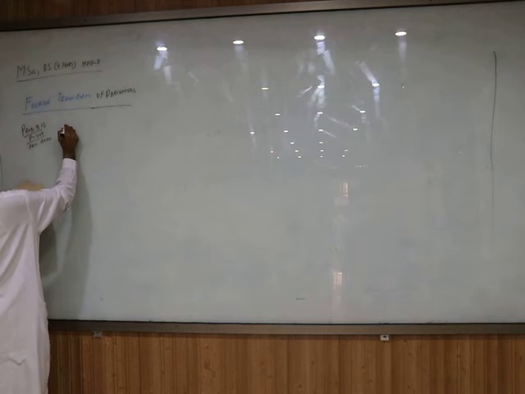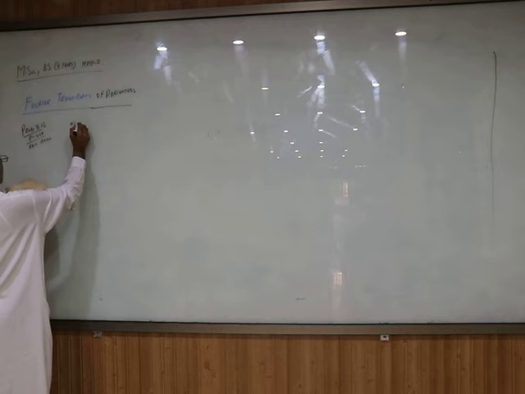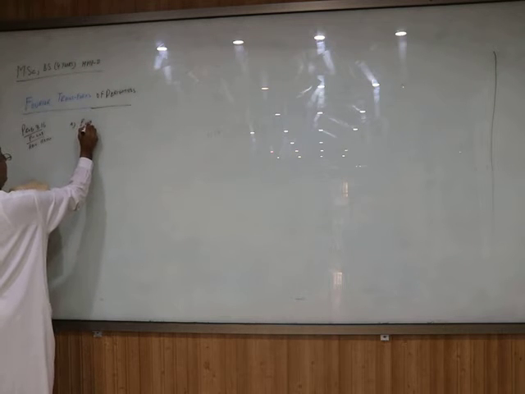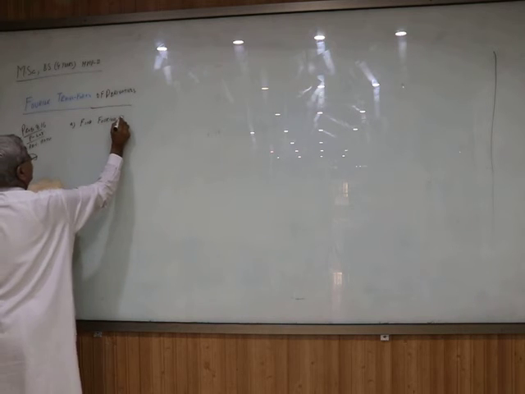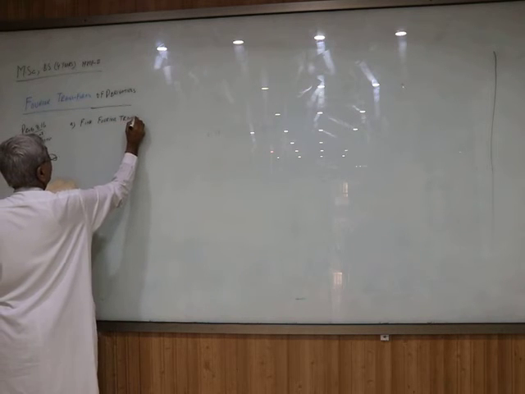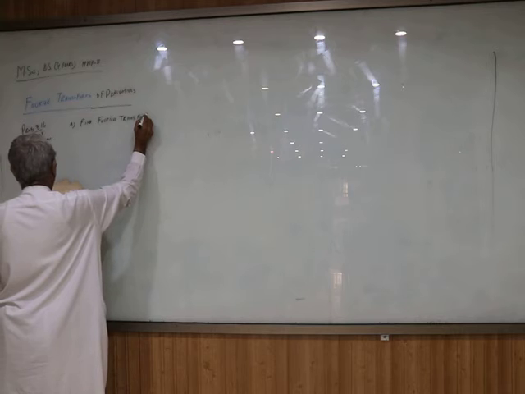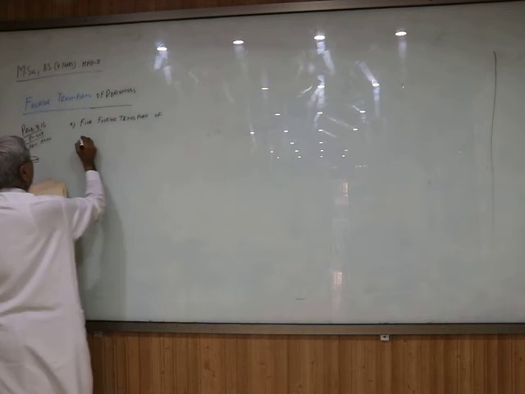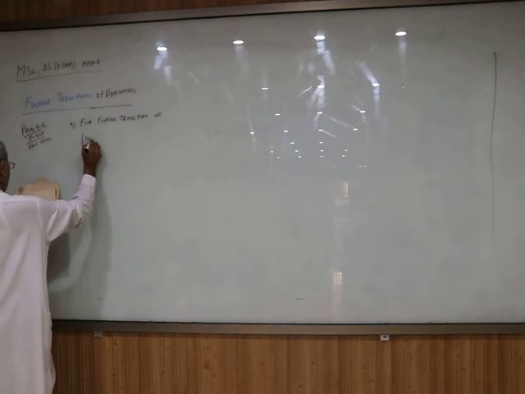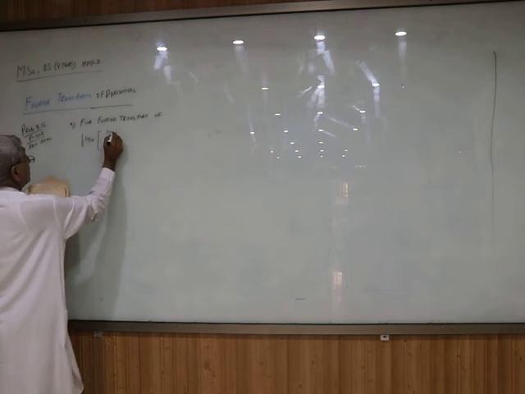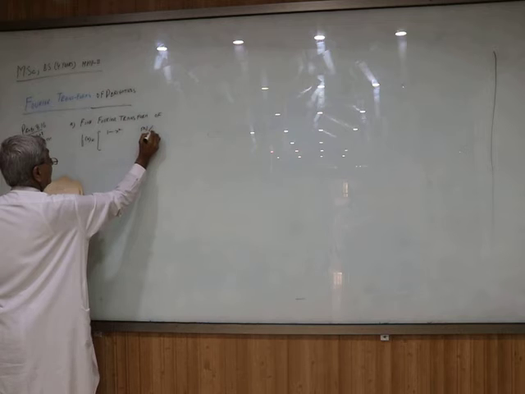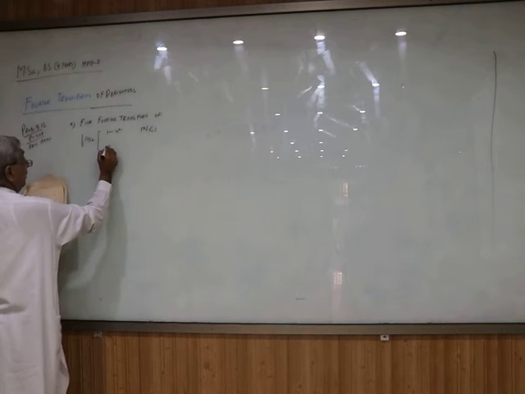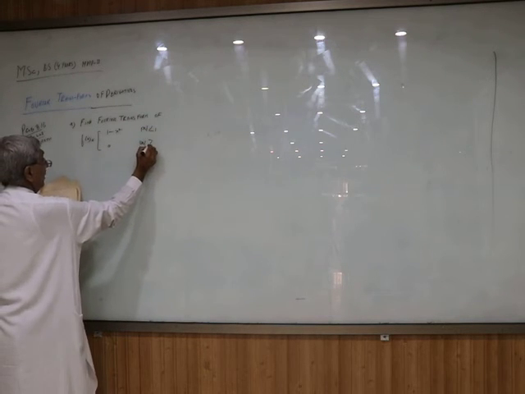Number 1. A. Find the Fourier transform of f(x) equal to 1 minus x square, for x less than 1, and 0 for x greater than 1.